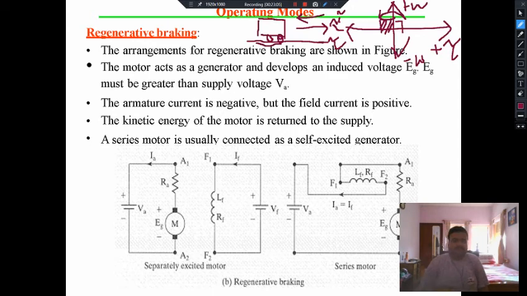So basically, we are doing braking. That is very true. But what type of braking? The braking of the motor occurs in such a way that the energy is not wasted.